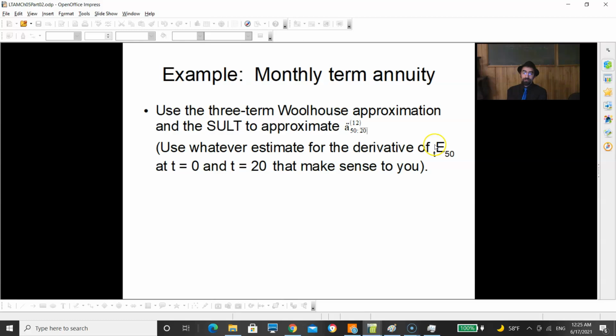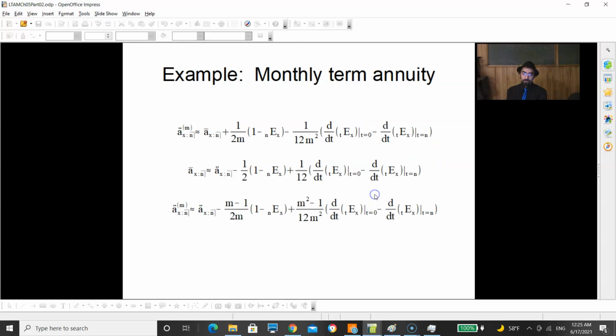If we use the same derivatives that we used before, A double dot super m is approximately A bar x : angle n plus 1 over 2m times 1 minus endowment, minus 1 over 12m squared times the derivative with respect to time of endowment at the beginning minus endowment at the end, right? So we do that.